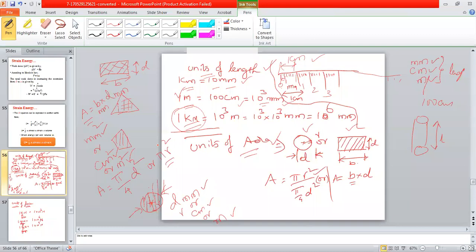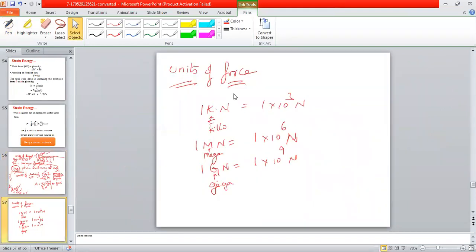Next slide is force units. The force unit in our problems is the Newton. First, force is in Newtons. In our problems, it will be represented as kilonewtons, meganewtons, and giganewtons.